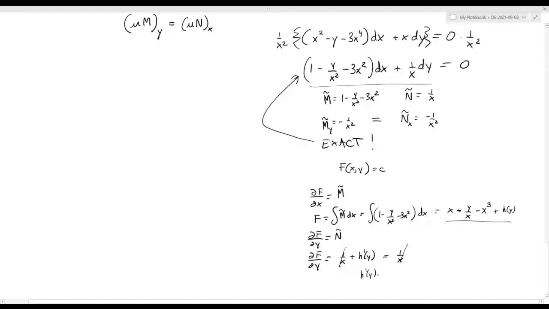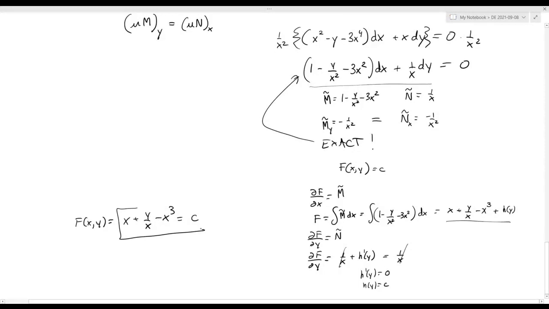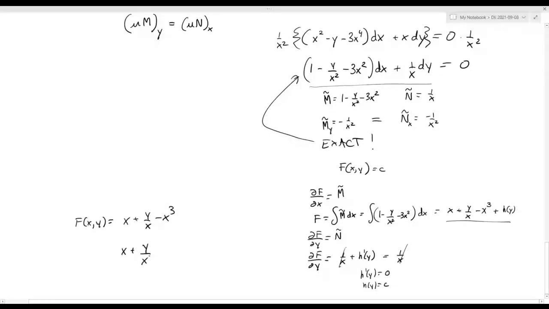And you get that h prime is just 0, so h is an arbitrary constant. All right, so finally we get that big F is given by x plus y over x minus x cubed plus h, which, to make it 0, we set equal to a constant. And this solution curve is a level curve of this function.